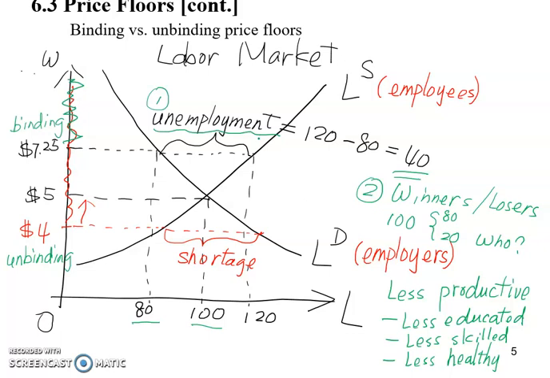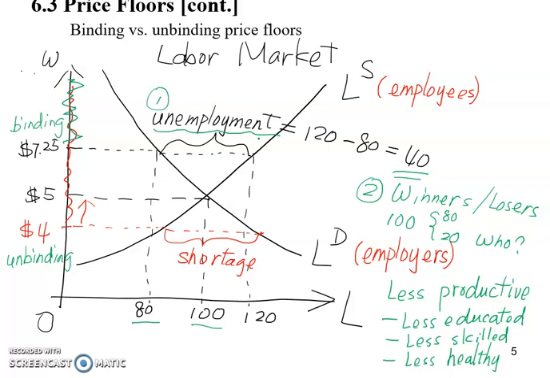When the government created the minimum wage, it completely got rid of these 20 jobs. So these less educated, less skilled, less healthy workers become losers under the minimum wage law, and the more educated, more skilled, healthier ones are the winners.